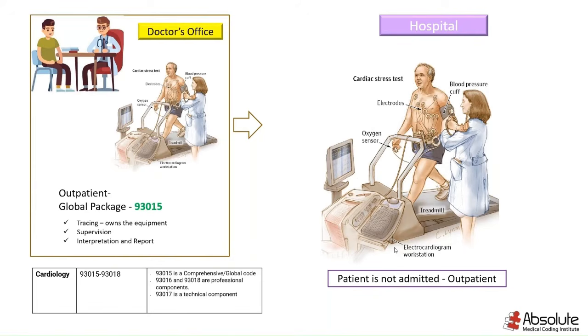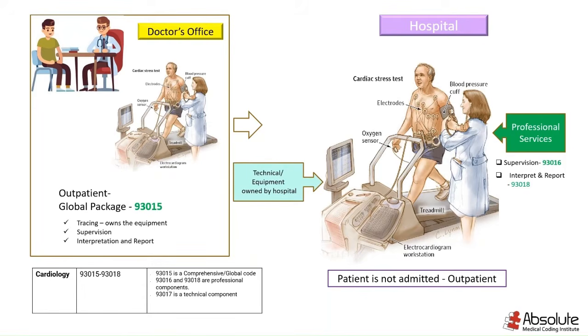So we cannot report 93015 for this. We have to code for his professional services: supervision, and the CPT code is going to be 93016, and for the interpretation and report, that is going to be 93018.